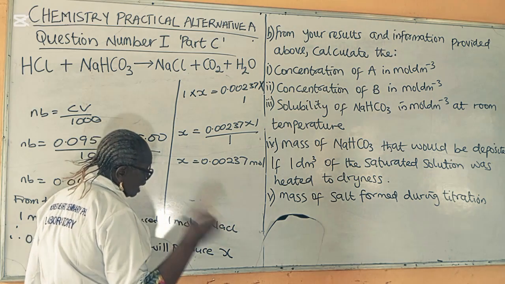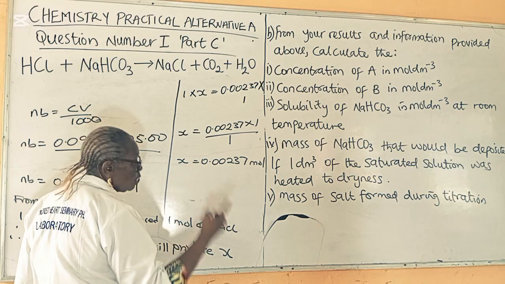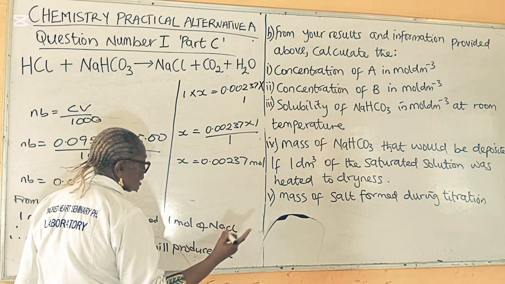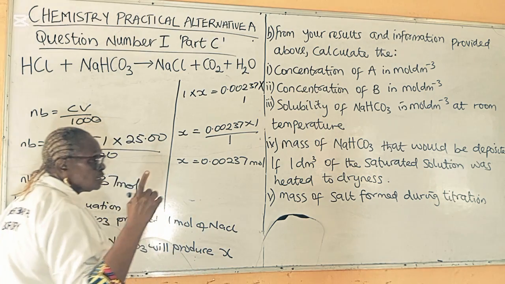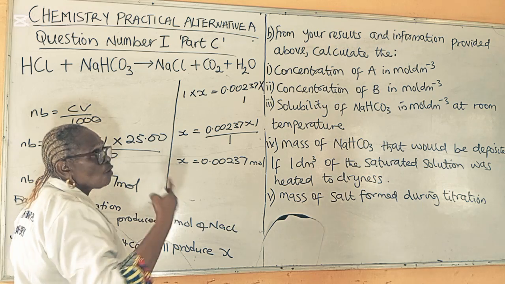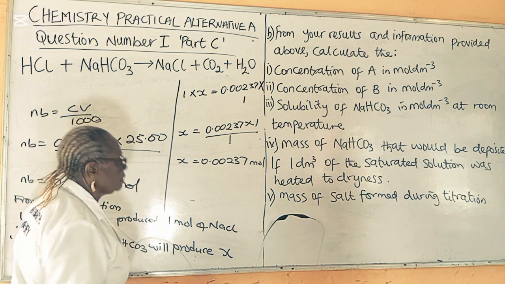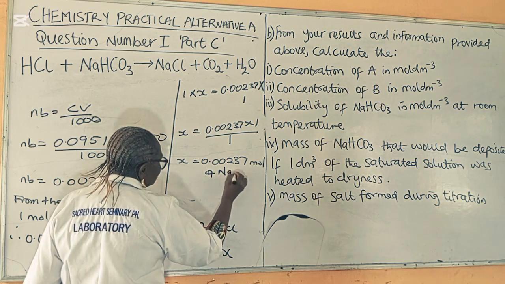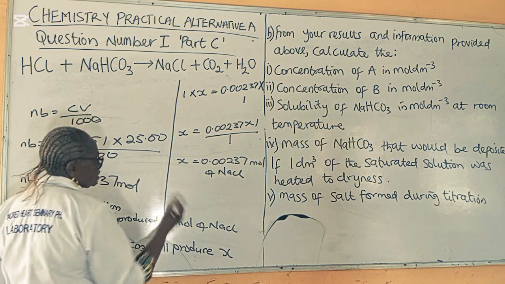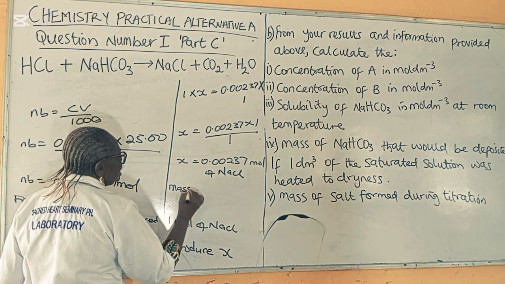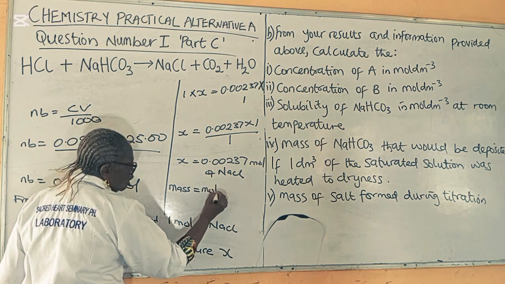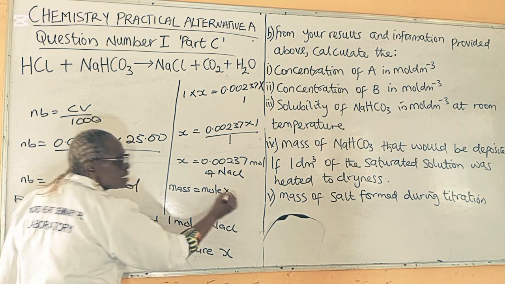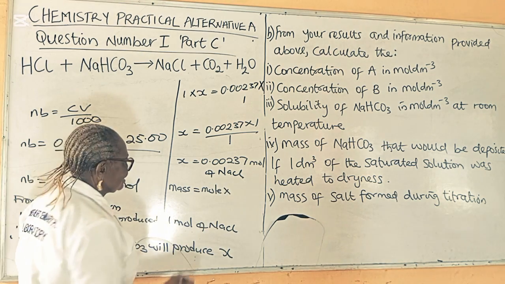Then they ask me for mass. It's good to work with mole and convert finally to mass, like we worked with mole in terms of the volume and converted finally to volume. So this is the mole of the salt. Then what is the mass? The mass is the mole obtained times the molar mass.